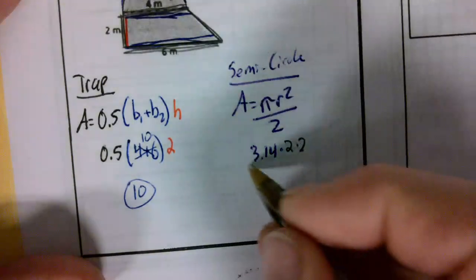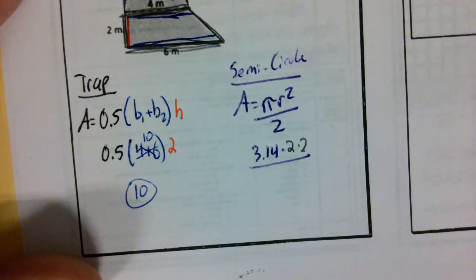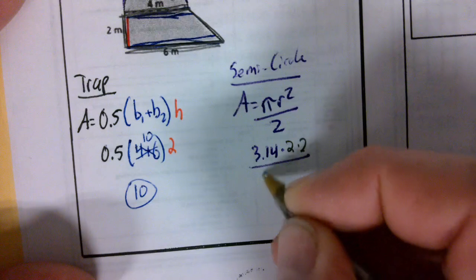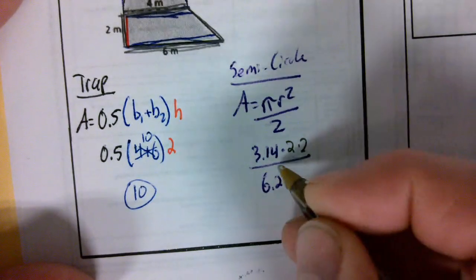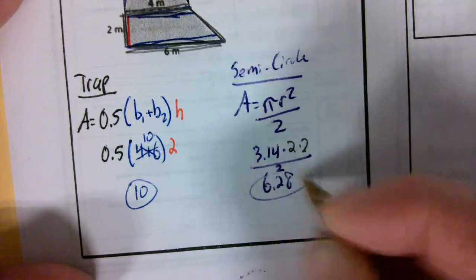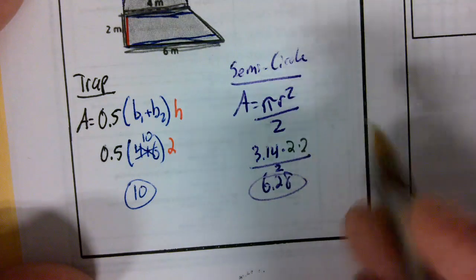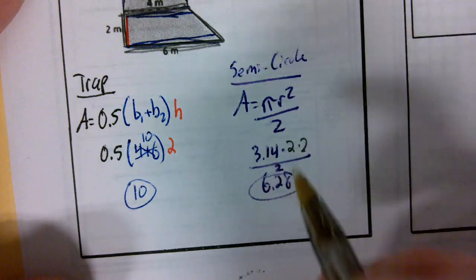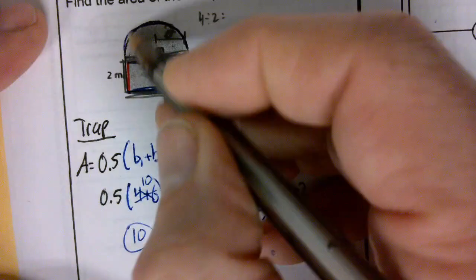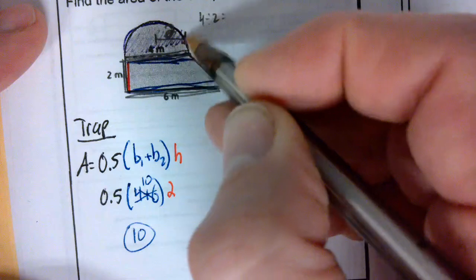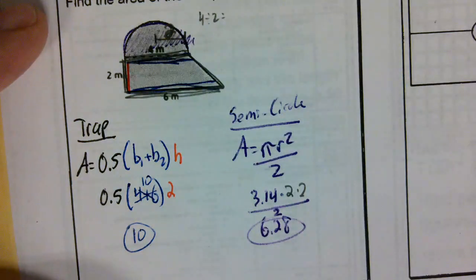So then you're going to grab your calculator. You're going to take 3.14 times 2 times 2. You're going to hit equals. Don't write down that number. Divide that by 2. And then write down that number. So again, if you got that 12 number, I like that. But don't forget, it's a semicircle. Cut it in half. Let's take a look. I did the semicircle. And I did the trapezoid.